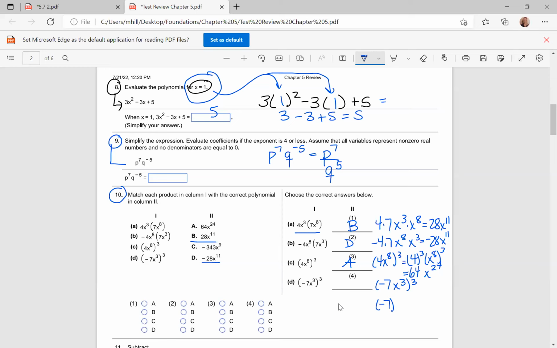So we've got -7 to the 3rd, and then x to the 3rd to the 3rd, because this 3 needs to go with both of these things. Well, -7 times -7 times -7 is -343. And then x to the 3rd to the 3rd, you would just take those two and multiply them and get x to the 9th. So that's C right here.